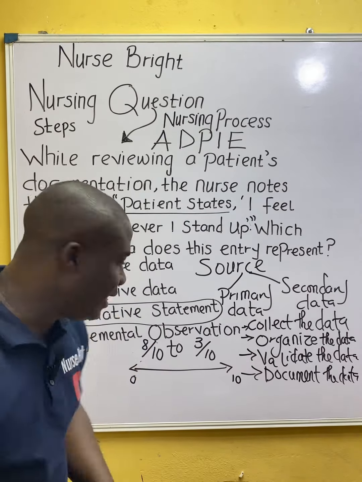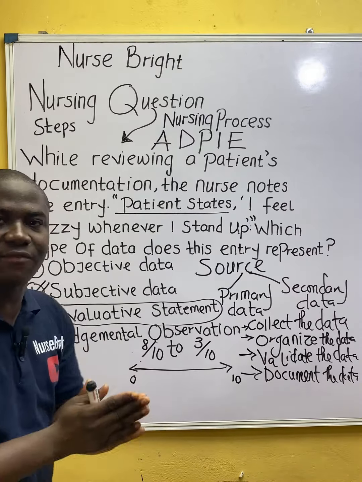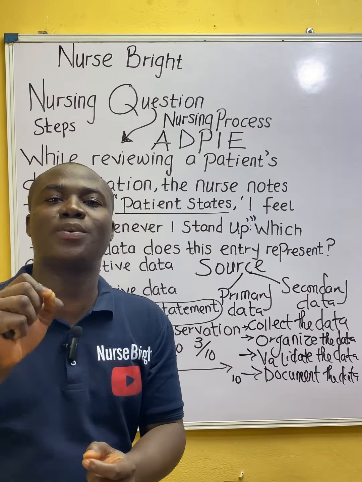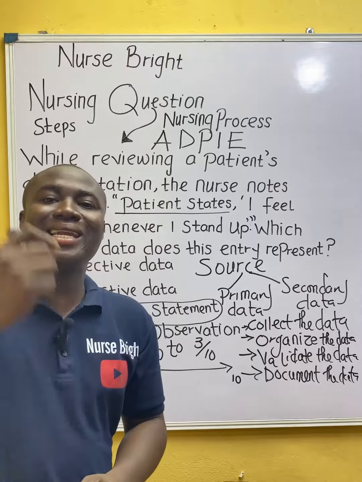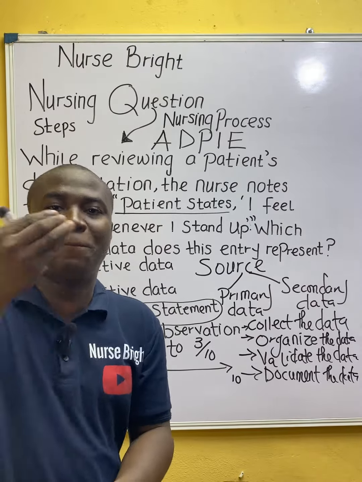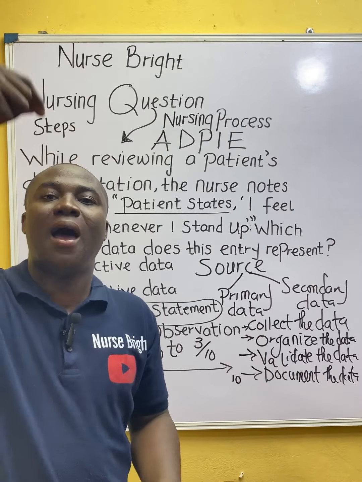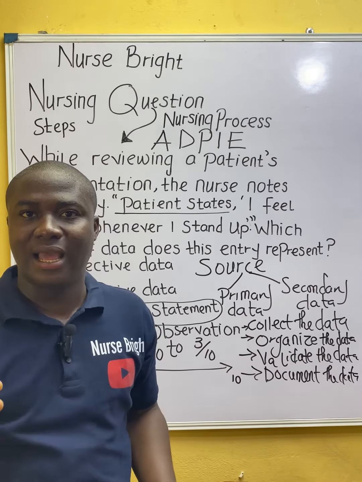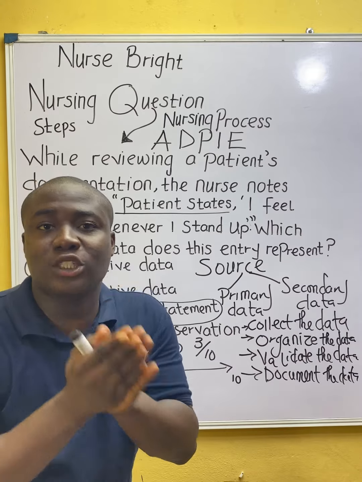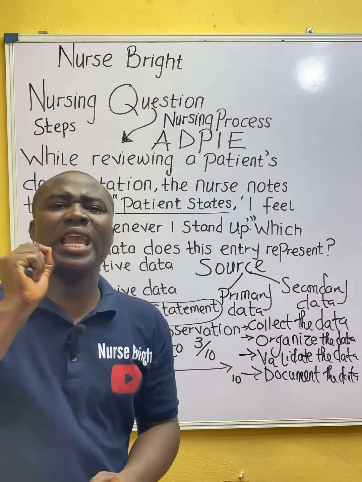Whereby option D is judgmental observation. Now, judgmental observation is a biased or opinion-based statement that reflects a nurse's personal feeling rather than factual or objective information.